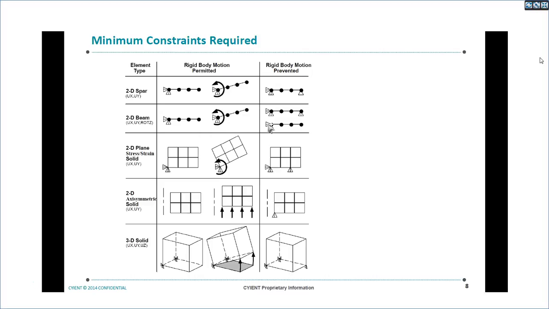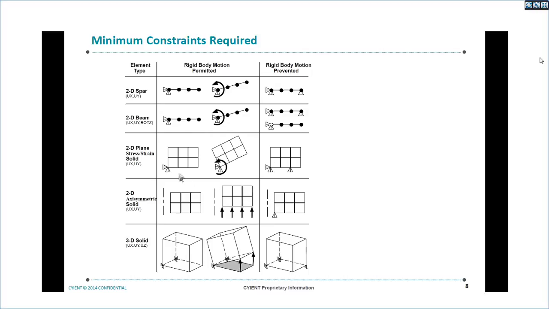In the cantilever condition, you need to constrain 3 degrees of freedom: ux, uy, and rotation about z. Then it is properly constrained. Otherwise, you can also constrain ux and uy at one end, and uy at the other. This is the minimum constraint you need to give.